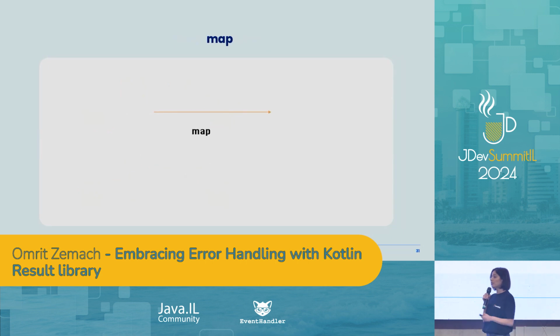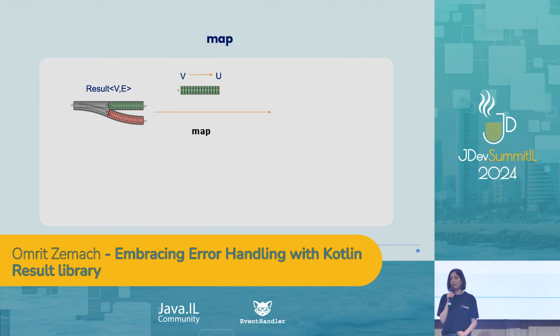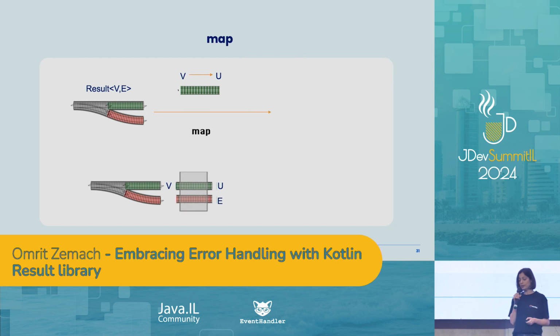Let's again use the railway analogy to understand how it works. So the map gets as an input a result, again with either success or an error, and gets a transformation function that maps one type to another. Under the hood, in case the result has a success value, the map unwraps it, runs the transformation function on the value, and rewraps it in a new result type.